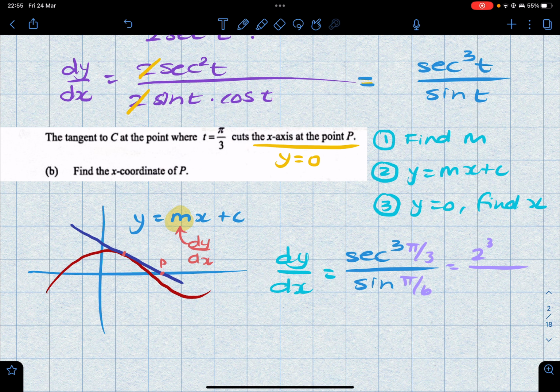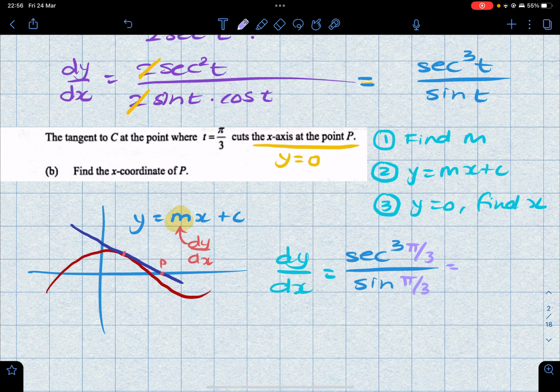And sine, no, hang on. Secant is 1 over cosine. I don't have a calculator with me, you can do this in your calculator. But cosine, I see the problem. So this should be 3.